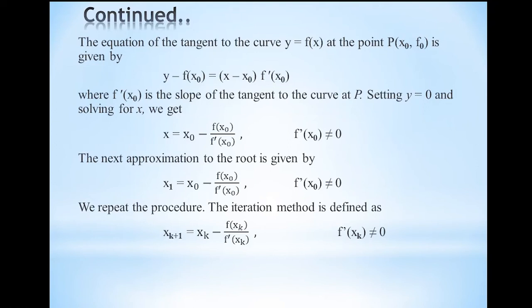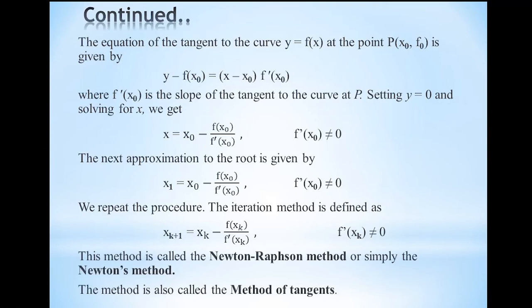So this is the iterative formula to find the root of the equation, or the root of the polynomial equation, which will be transcendental and algebraic equation. So this is called the Newton-Raphson method, or Newton's method.